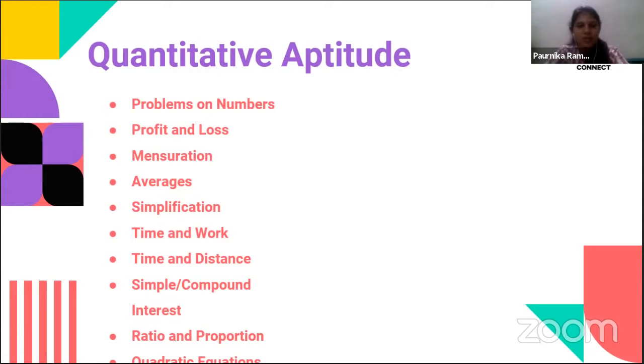All the companies' placement papers, the online tests, will have at least 1 to 2 questions from these 3 sections. It will be there because it is related to real-life mathematics too. So I can assure you that questions from these topics will definitely be there in your question paper. So it is important that we pay utmost attention to all these 3 topics.